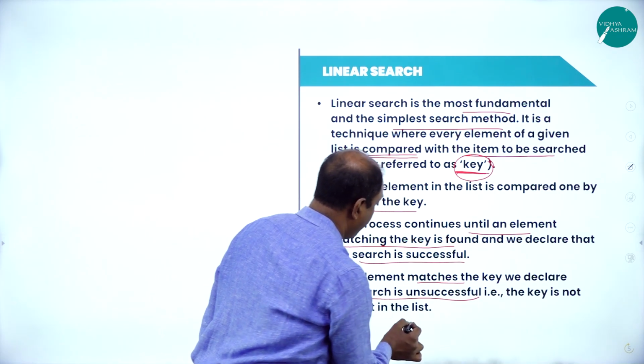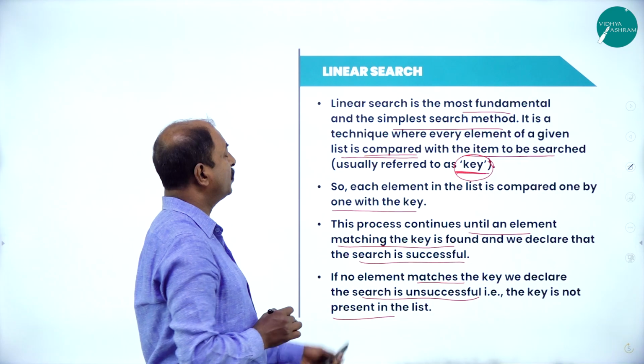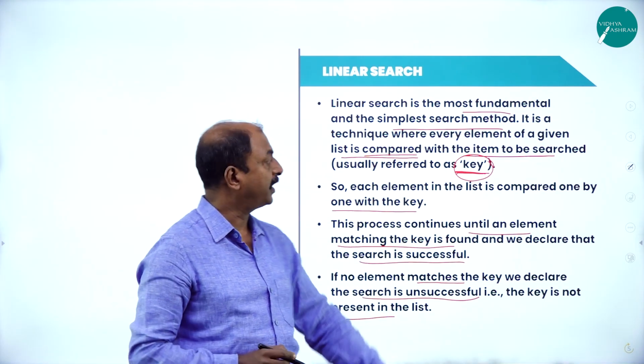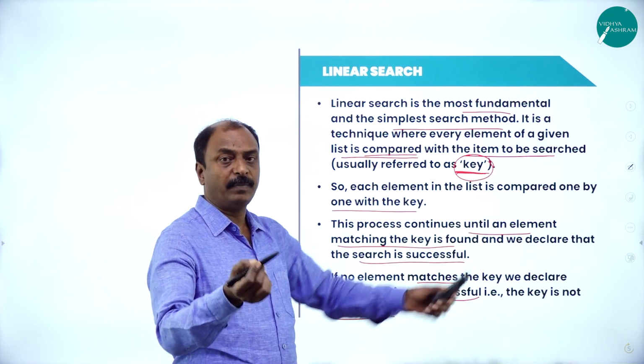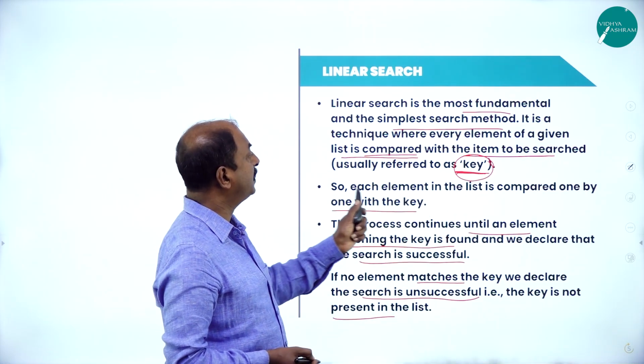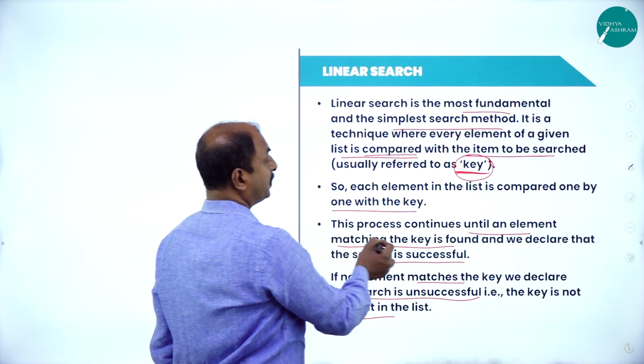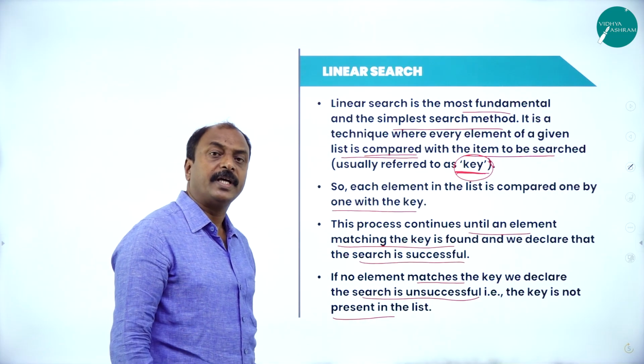The key element is not present in the list. So this is the algorithm. In this technique, the given key element is compared with each and every element of a given list. How long does this process continue? Till the end of the list.